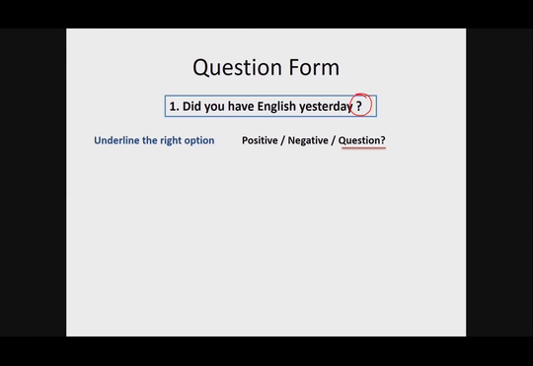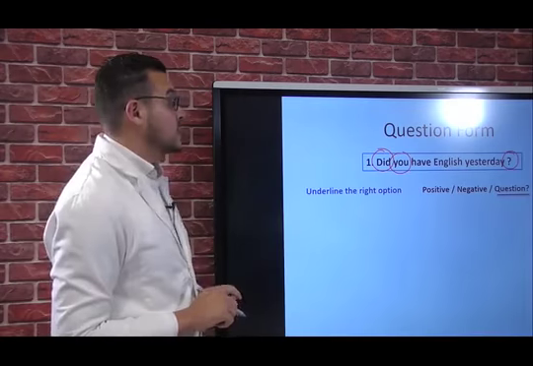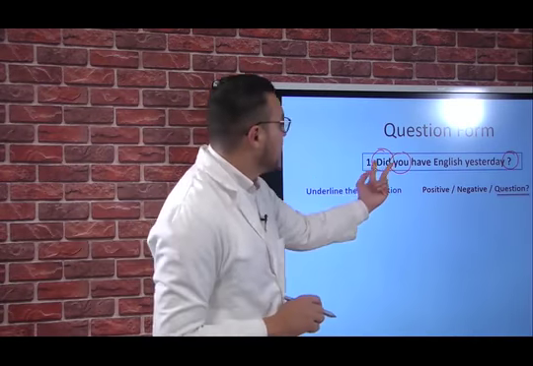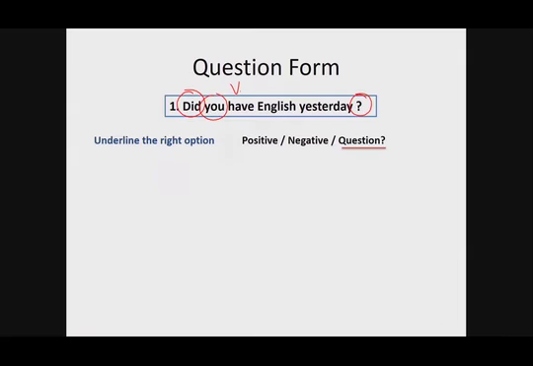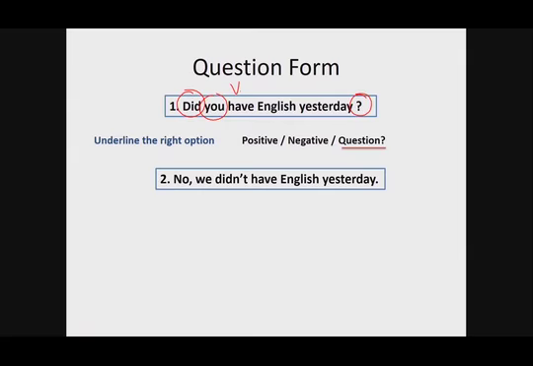What is the subject pronoun? This in here is the subject pronoun, and this one in here is the auxiliary, do, in the past tense. Okay, in the past tense, and we say, did you have, plus verb in the infinitive form, and we say, did you have English yesterday? Answer.